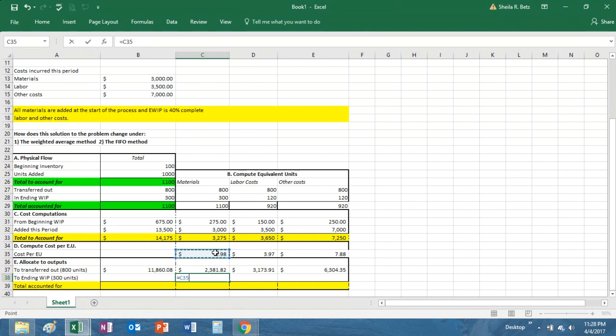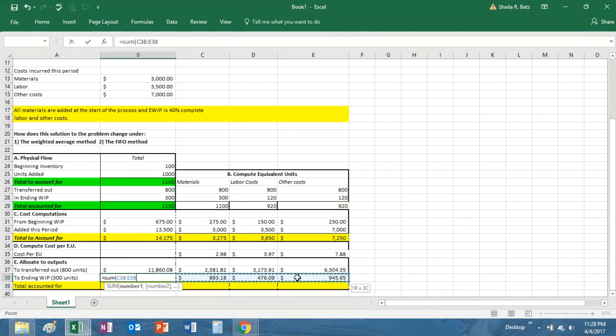Now I'm going to do the same thing to calculate how much money I have in ending inventory. Once again, $2.98 of material for every unit I worked on. I worked on 300 units. I had $3.97 in every unit I worked on, and I worked on only 120 units. And then finally, I have $7.88 for every unit I worked on, and I worked on 120 units.